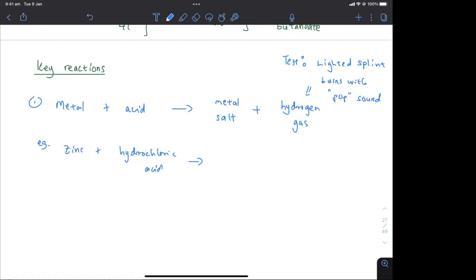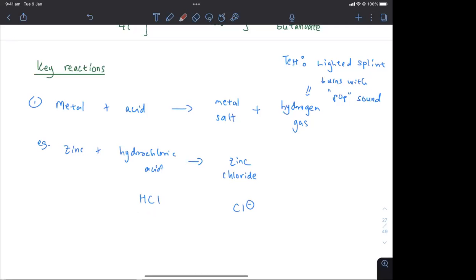You replace the H plus with the metal, right? So what is the name of the salt? Forget already? This is HCl. Replace the H plus with the metal. So you're going to get Cl minus. What is the name of Cl minus salt? Zinc chloride. Yep, so it must be chloride from the acid, and then the metal is just zinc, okay?